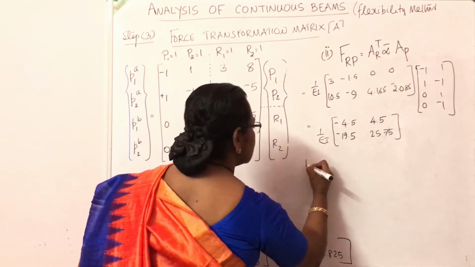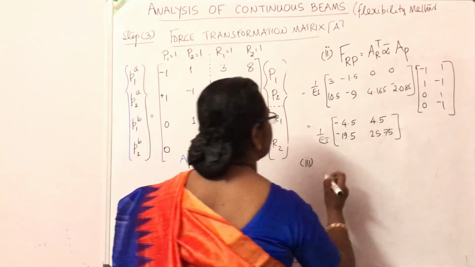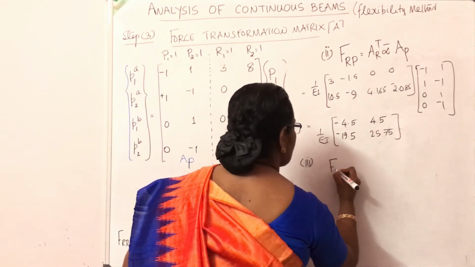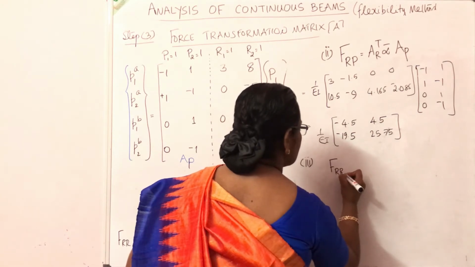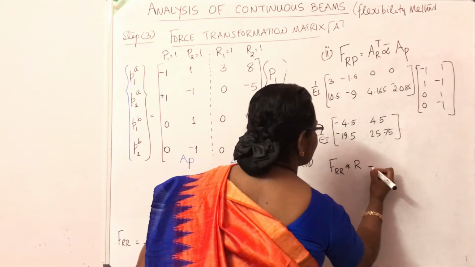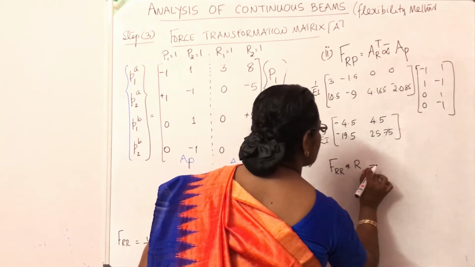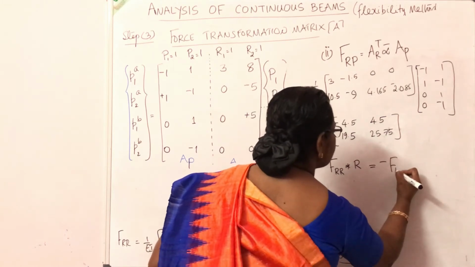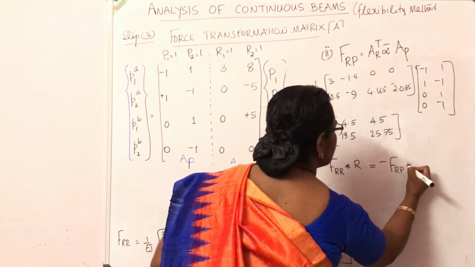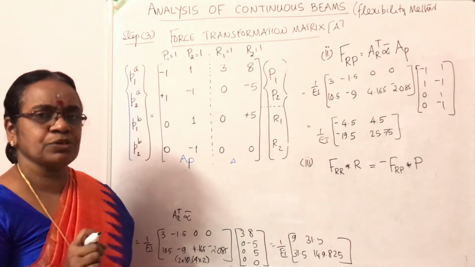Now the third step is the flexibility equation. FRR into R is equal to minus of FRP into P. That is, we have seen the flexibility F into P is equal to delta.